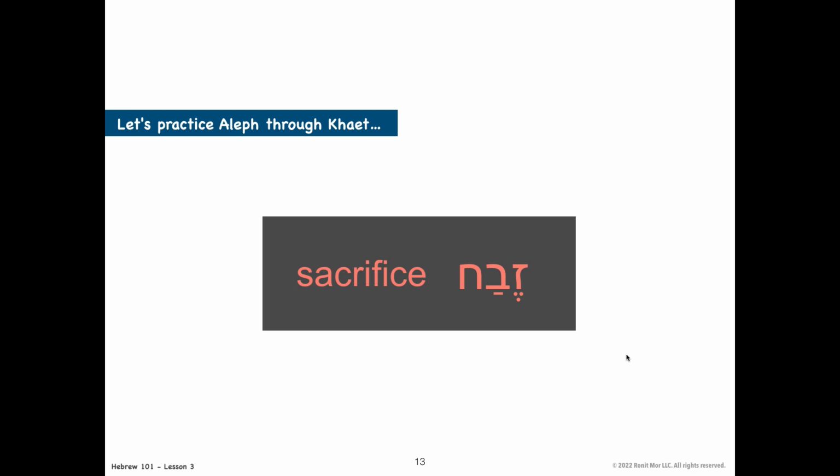How do you say sacrifice in Hebrew? Say it again. Zevach. Yes. So again, the chet is at the end of the word and doesn't have any specific nikud, so we will just kind of close with that.